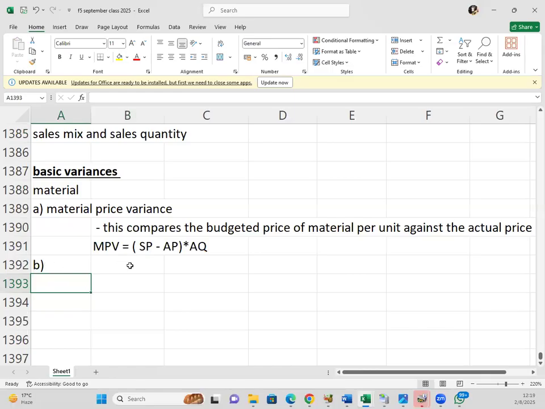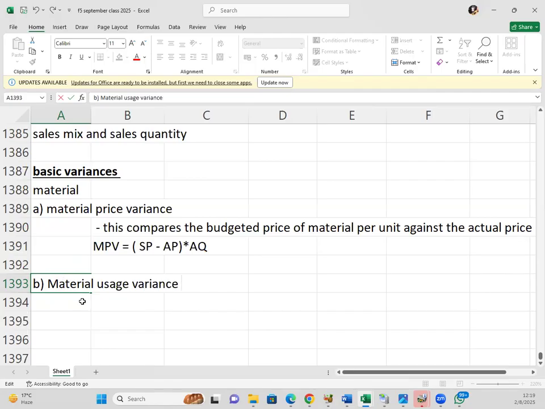The standard and the actual price are per unit, but the actual quantity is in total. Then besides the material price, remember this is just a recap, we're not going into detail. We have the material usage variance.